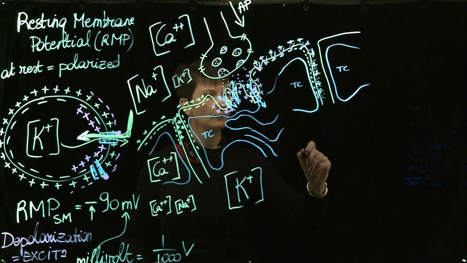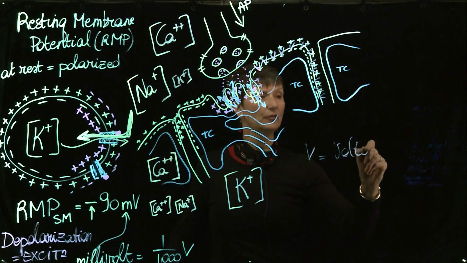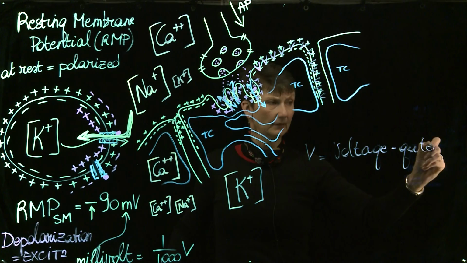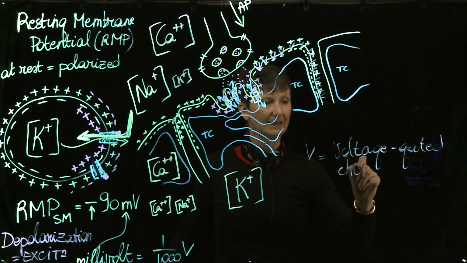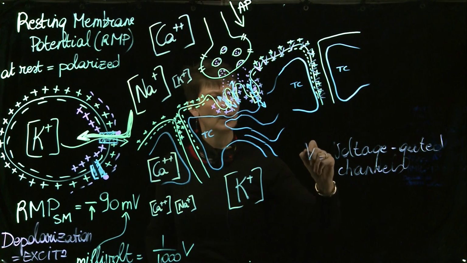And I'm using little V's to indicate that these are our voltage-gated ion channels. Or some people call them electrically gated ion channels. My pens really squeak quite loud today, don't they?